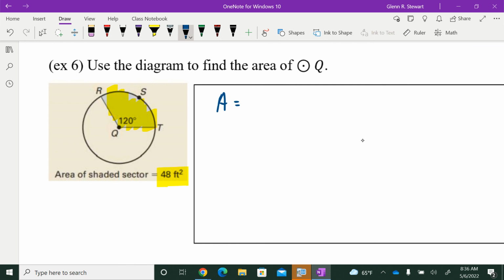Area is equal to the measure of RT over 360 times pi r squared, because this right here represents my total area. That's what I'm trying to find.